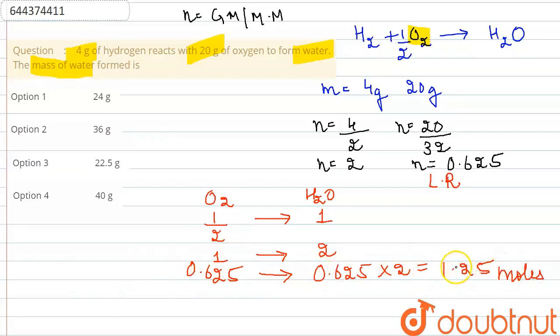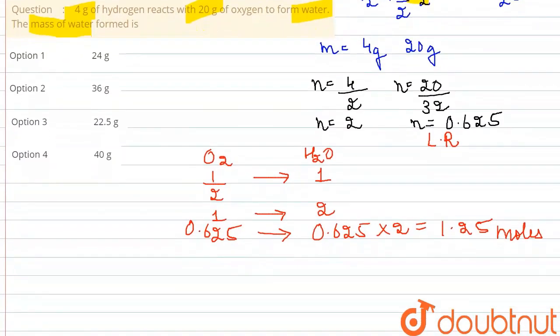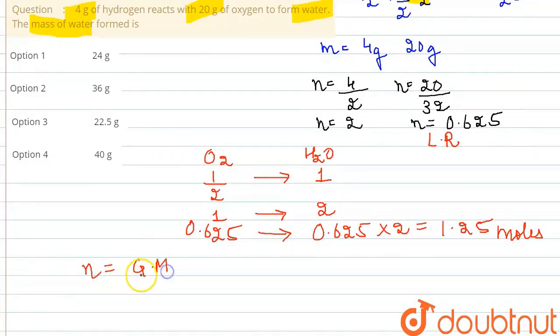So now we know the number of moles of H2O and we have to find out the mass of H2O formed in the reaction. So to find out the mass of H2O, we are going to use number of moles equal to given mass divided by molecular mass of H2O. So we know the value of number of moles, which is 1.25. Given mass is what we need to find out, and the molecular mass of H2O is how much? It is 18.